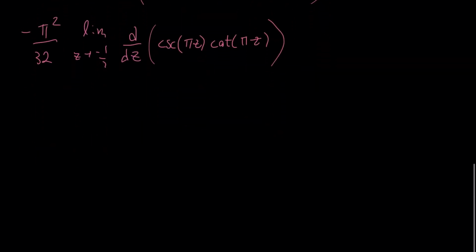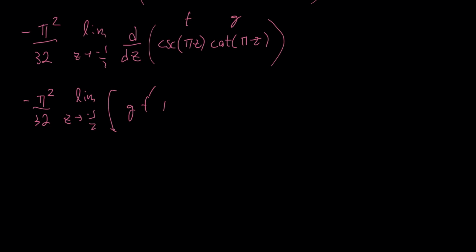And I'm going to label this f and g, and we'll differentiate this via the product rule. So we have a minus pi squared over 32, the limit as z approaches minus a half of g f prime plus f g prime.